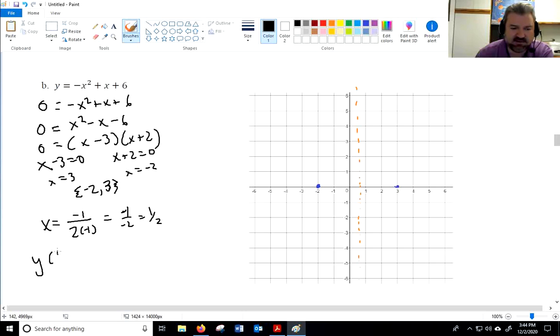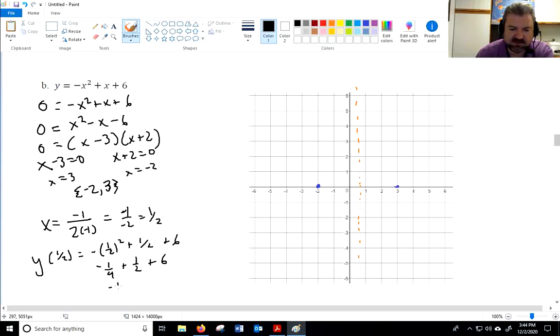Let's find y of 1/2. So it's negative 1/2 squared plus 1/2 plus 6. So that's a negative. You square a fraction by squaring the top and squaring the bottom. 1 squared is 1, 2 squared is 4, so it's negative 1/4 plus 1/2 plus 6.